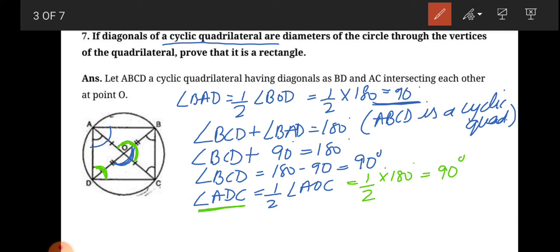Angle ADC is also 90 degrees, and angle ADC plus angle ABC is equal to 180 degrees, because ABCD is a cyclic quadrilateral.